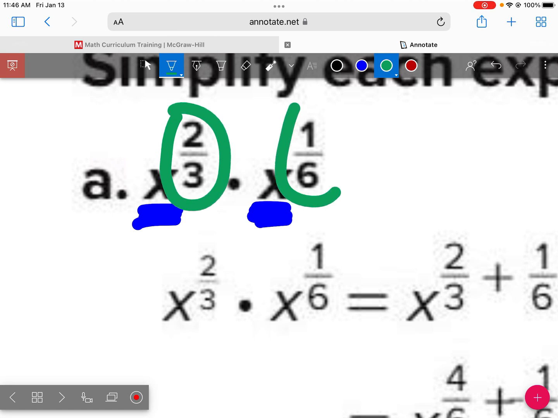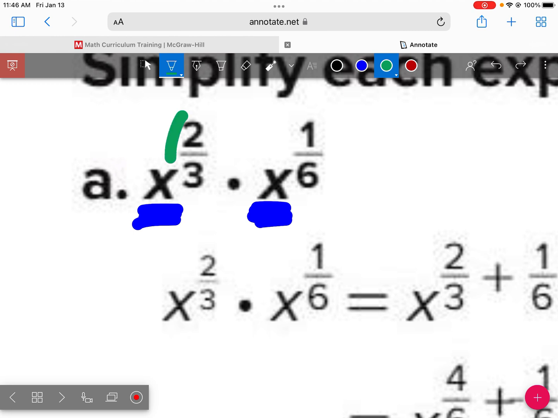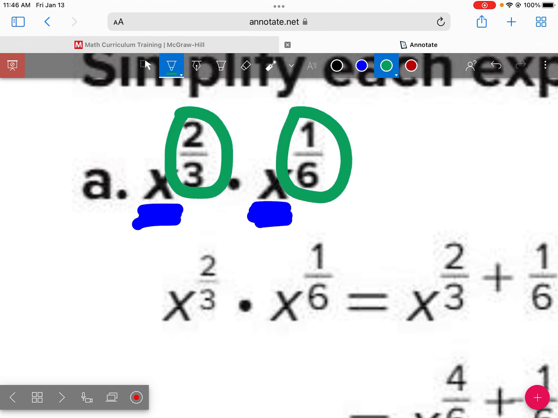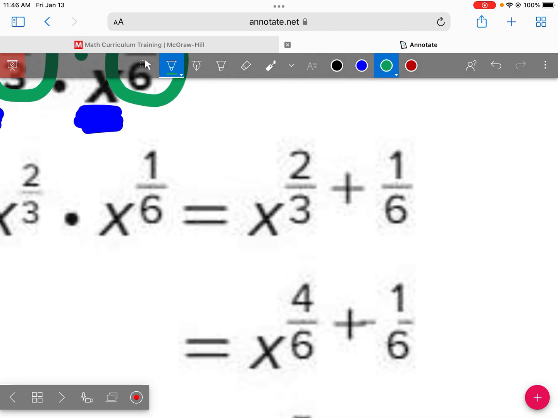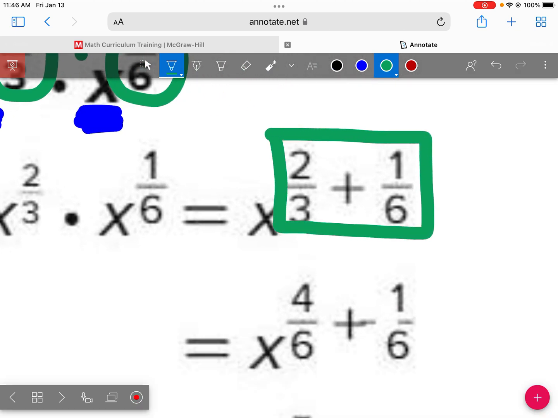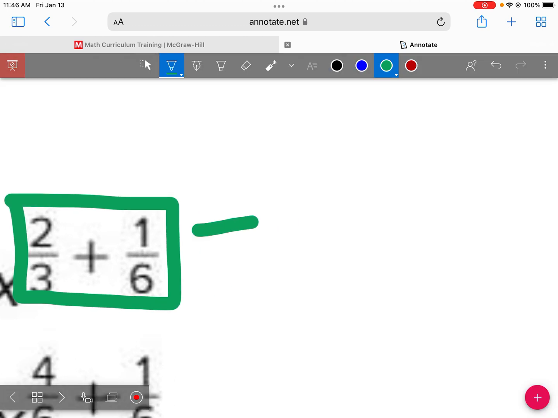When I am multiplying the same base, because it's x, and they have powers, we add those exponents. So that's what they're showing me right here. What do I have to have in order to be allowed to add fractions? Yes, we're going to need a common denominator here.